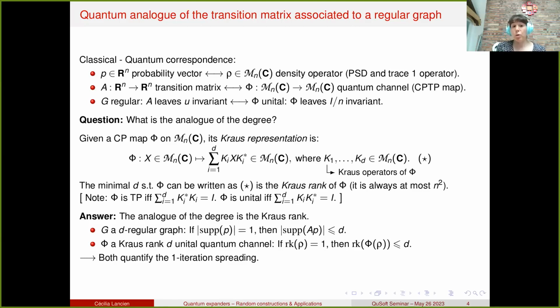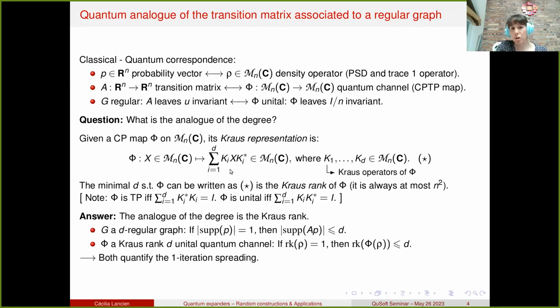And now the smallest d that you can find, so that you can write the action of phi in this way, is what we're going to call the Kraus rank of my quantum channel phi. And for a CP map that acts on n times n matrices, this Kraus rank is always at most n squared, and potentially less than this. Just one last comment, because it's going to be useful for later.